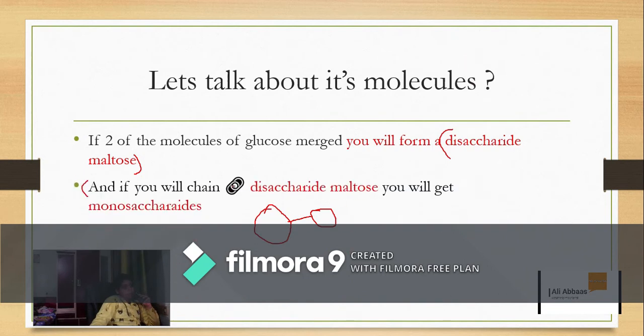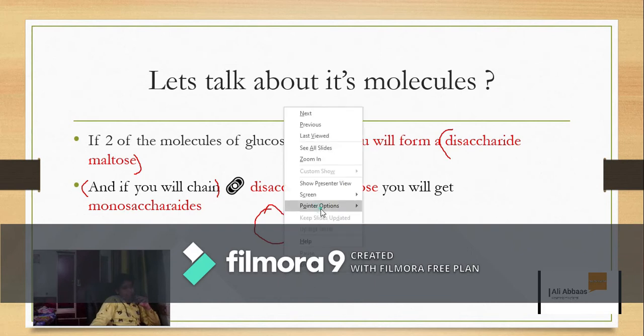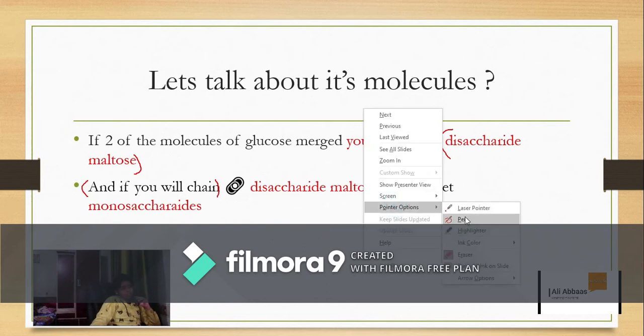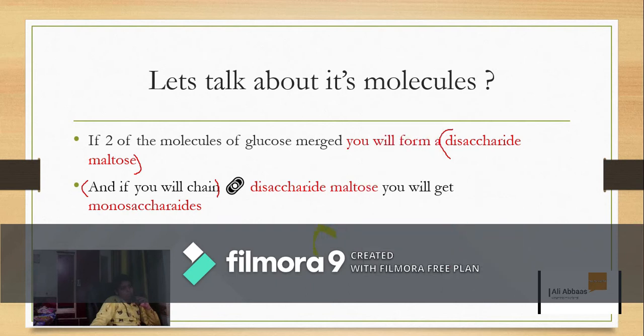And if you chain it, what will chain mean? Let's see, what is that chain? What will it mean as a chain? This is one and this is two. It's a disaccharide maltose.